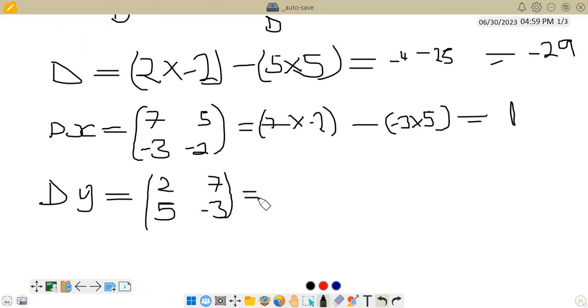So to find the determinant of this, it will be 2 times negative 3, then minus 5 times 7.